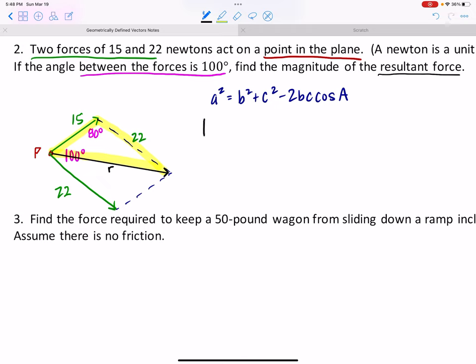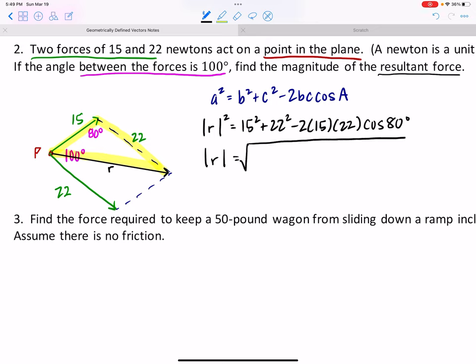So I'm going to say that the magnitude of my resultant force squared is going to be equal to 15 squared plus 22 squared minus 2 times 15 times 22 times the cosine of 80 degrees, which means the magnitude of my resultant vector, again, is going to be the square root of all of that stuff.